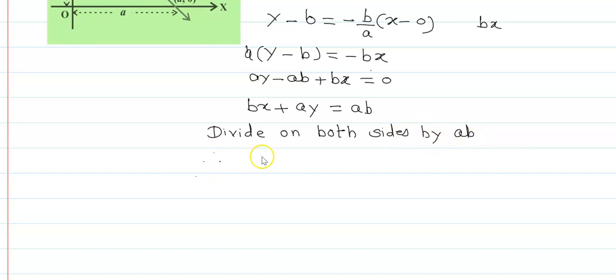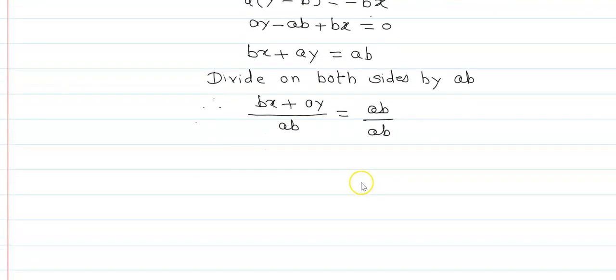Here you will get bx plus ay divided by ab is equal to ab upon ab. Therefore here you will get bx upon ab plus ay upon ab, and ab upon ab is 1.